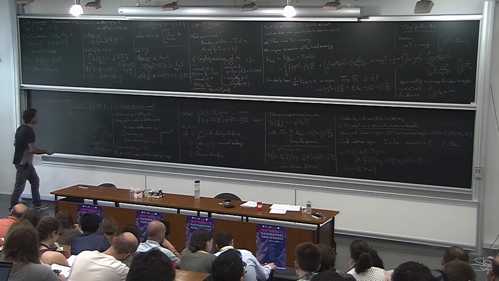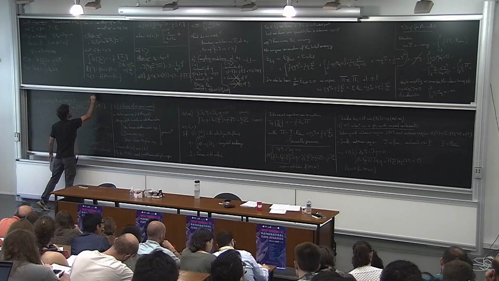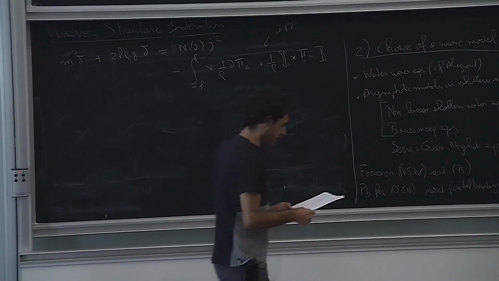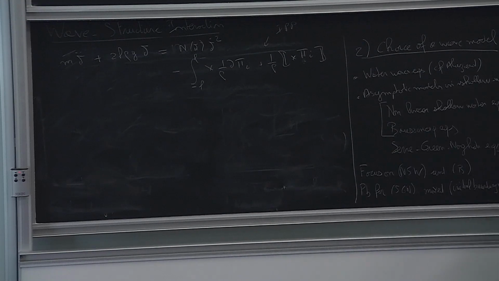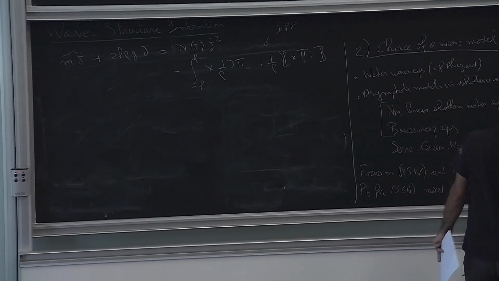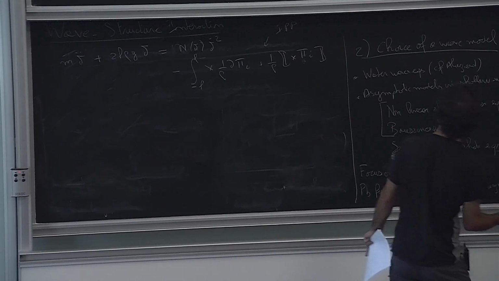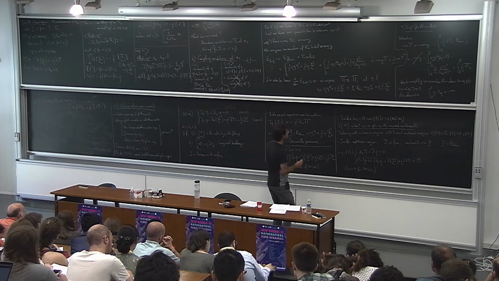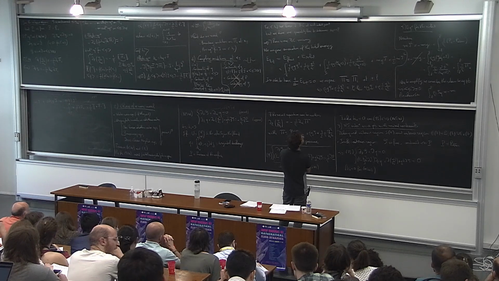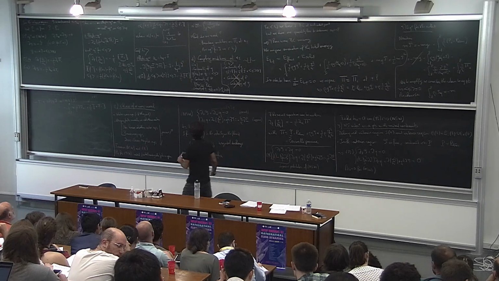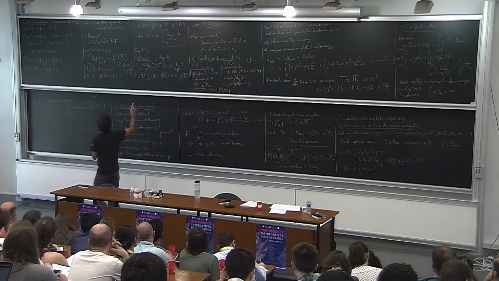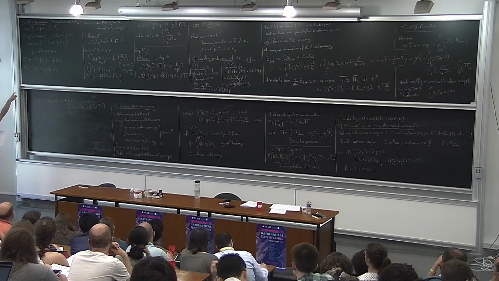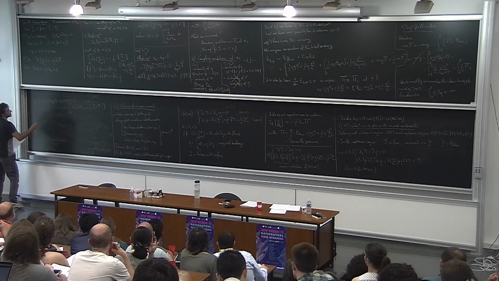So this is just an integration by parts from the previous term. But then where, I hope I have not erased it. Where is it? Maybe somewhere. Yes, it's here.